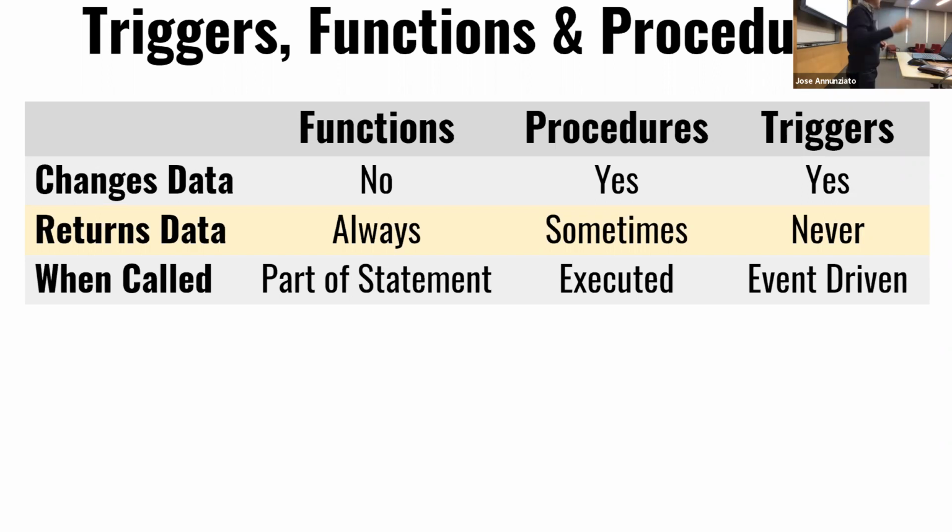Then there's triggers, which are by far the more interesting ones. You can configure them to execute when certain events occur. It can monitor whether a table is being updated, inserted into, or deleted from. If somebody inserts into this table, then I want you to do this.